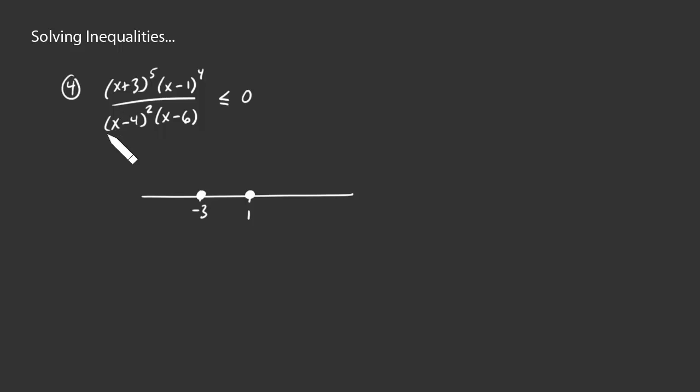If the first factor is 0, then x has got to be a 4. And if the second factor is 0, x has got to be a 6. And of course, those are not solutions, so I'm going to indicate that with some open circles. And we can see we have chopped up our number line into 1, 2, 3, 4, 5 separate intervals.